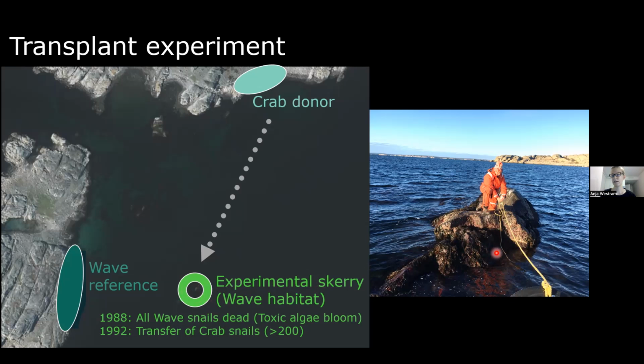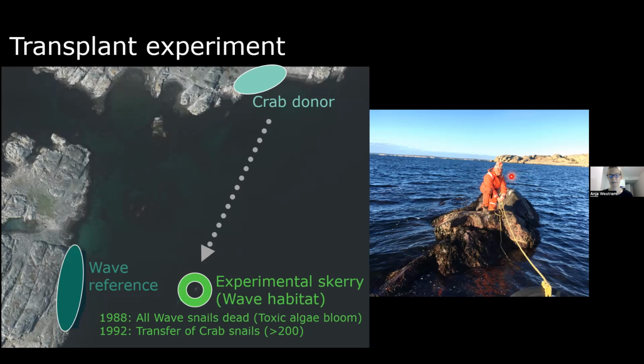As you can see here already, this island is a wave habitat because it's in the middle of the sea, it's exposed to waves, and crabs cannot live there. So wave snails had lived there, but they were all dead because of this algal bloom. And then Kerstin thought, okay, we have a wave habitat here.